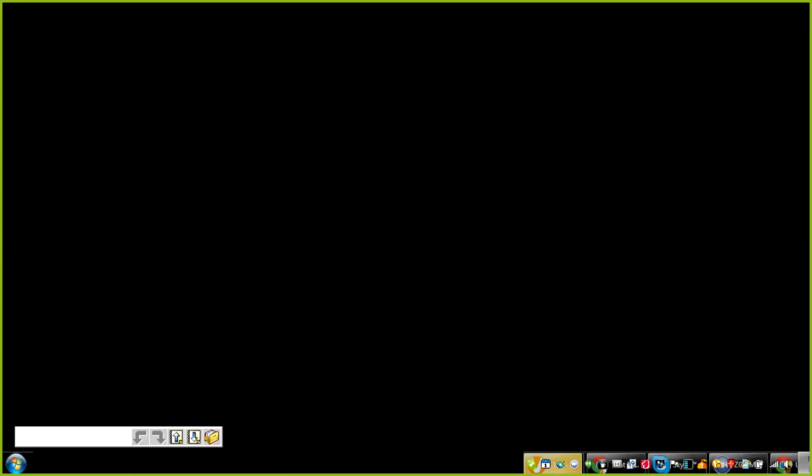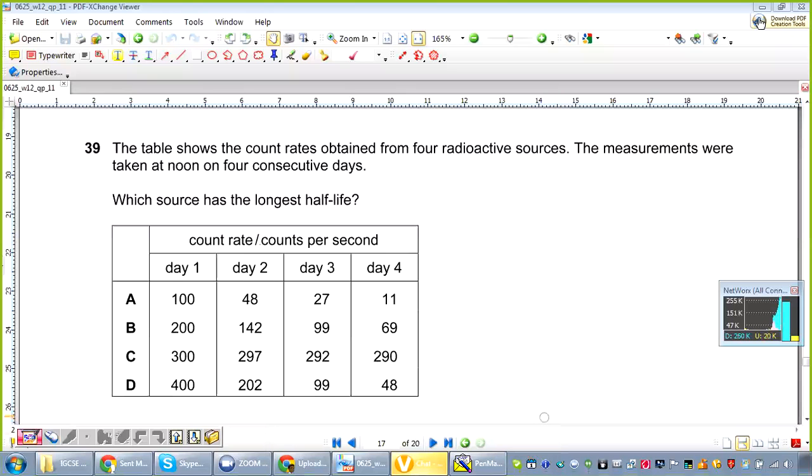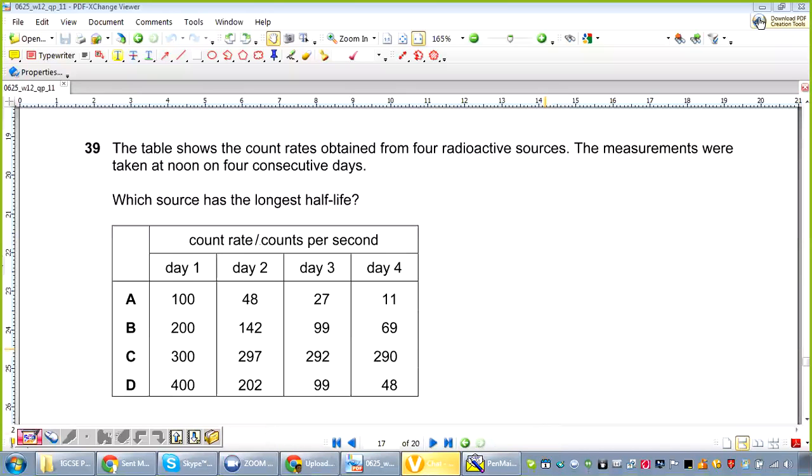Yeah, can you hear me? Yes, sir. Is it the fourth option? No. How will you come to know which is having the maximum half-life?